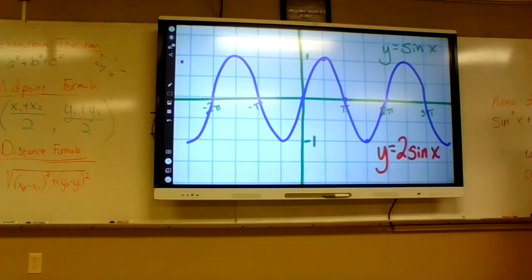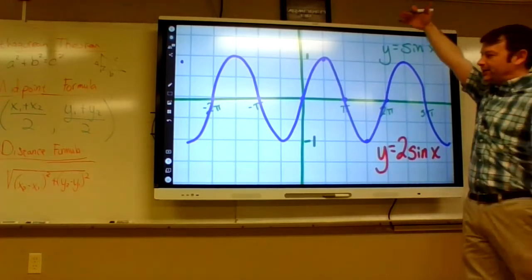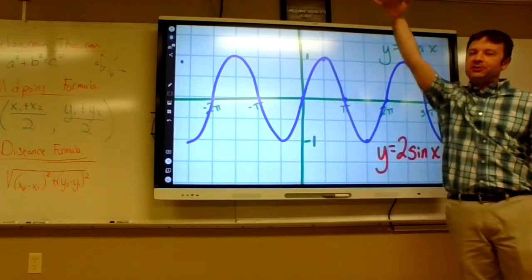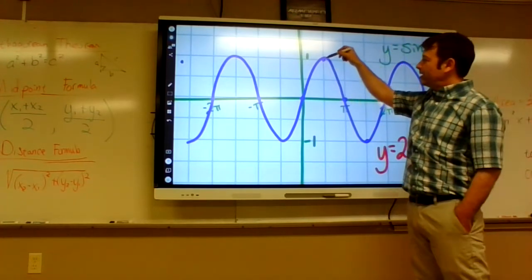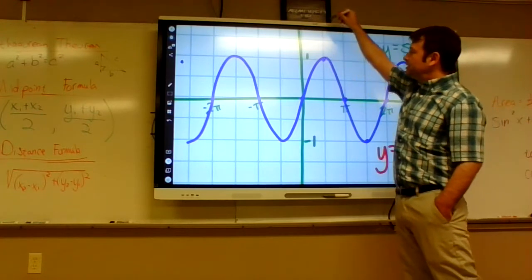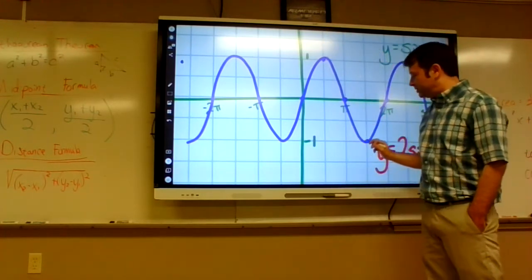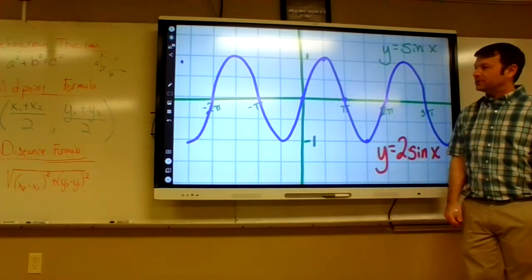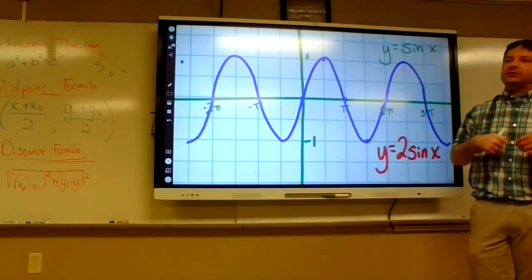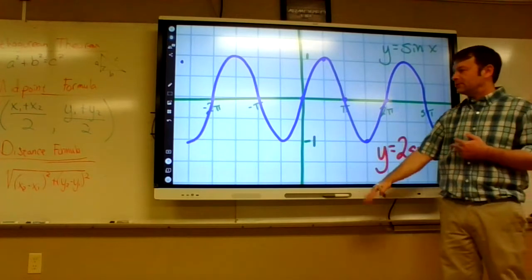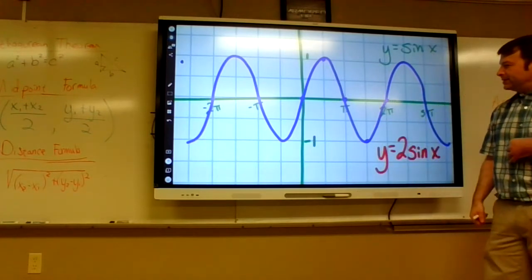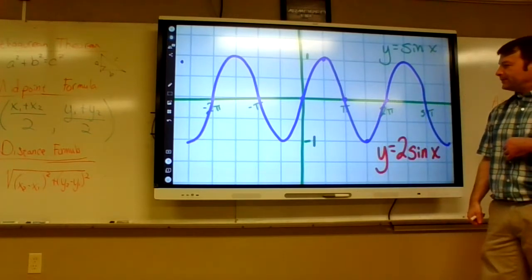Doesn't it get taller and lower? Yes, it doubles in height, or in amplitude is the magic word. So instead of going up to 1, guess what? It goes up to 2, which is a little bit off my graph. And instead of going down to -1, it goes down to -2. So everything gets twice as tall, twice as low. And yeah, so that's one thing.